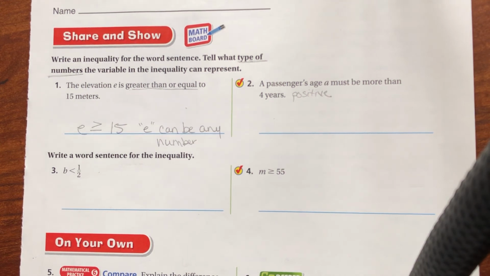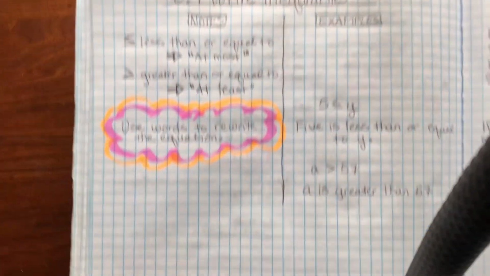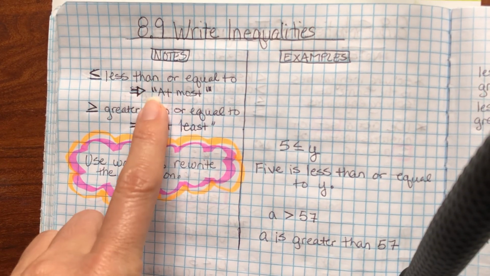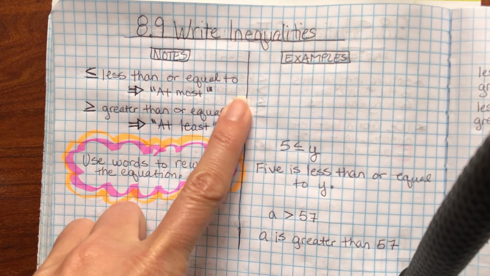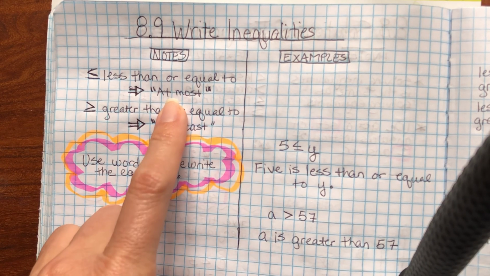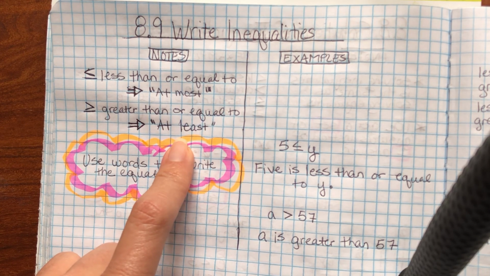All right, let's take a quick look at our notes. We have 8.9 here. So write inequalities. Less than or equal to, another way of saying this is at most. Greater than or equal to, another way of saying that is at least.